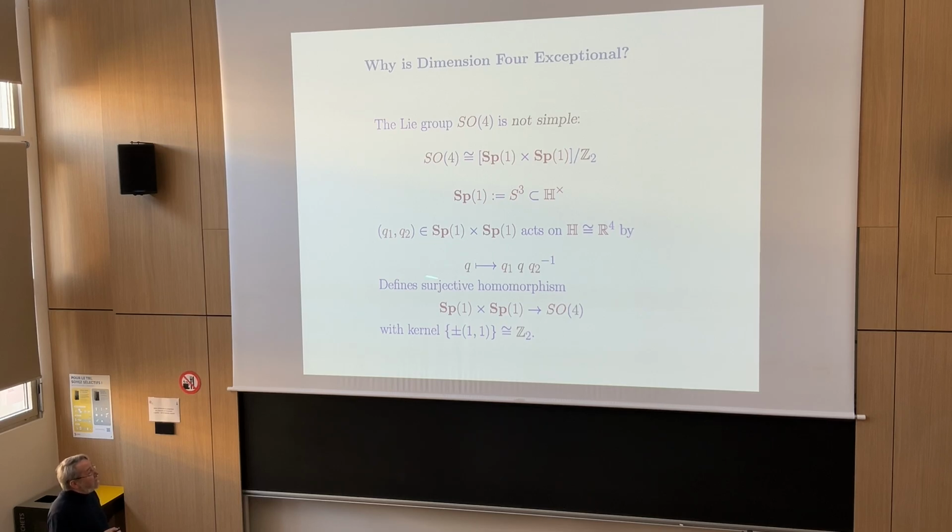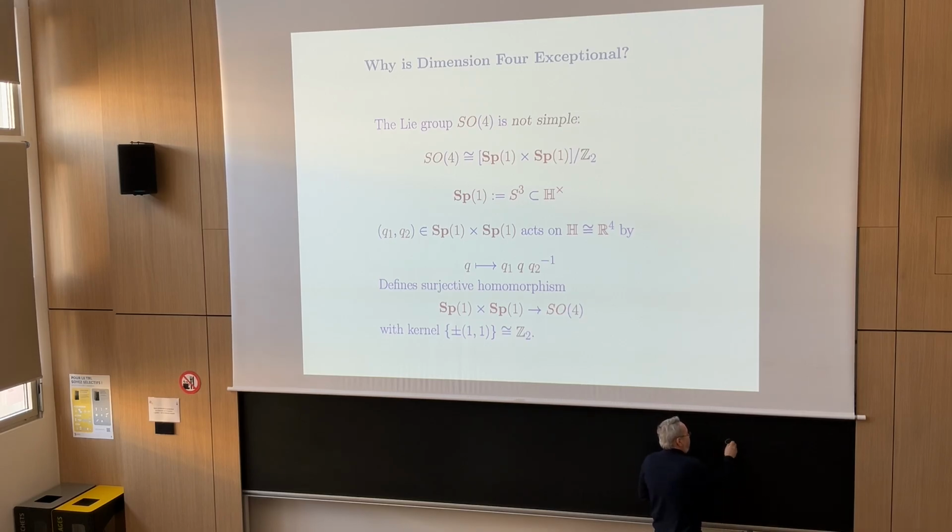And so this defines a homomorphism from SP1 times SP1 to SO4. What's not so clear here is that this preserves length. This action preserves the standard length. The reason is that if you take two quaternions and multiply them, and then take the norm, the length is multiplicative.